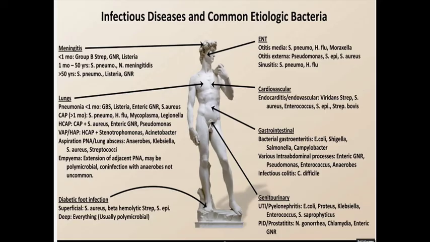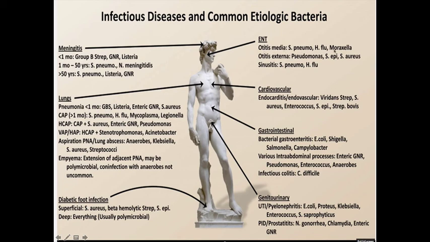So for your own personal use, I found this slide somewhere. I don't know where, but I like it because you can print this and have it and put it somewhere. It gives you some of the more common bugs for different conditions. For example, if we look over here at the ENT section, we think of your standard otitis media, right?